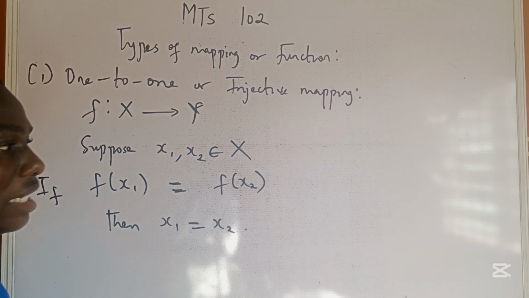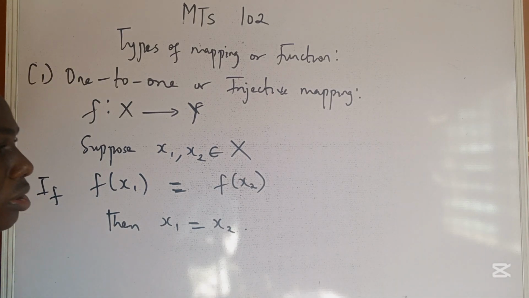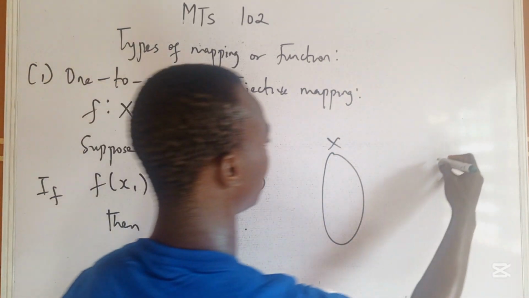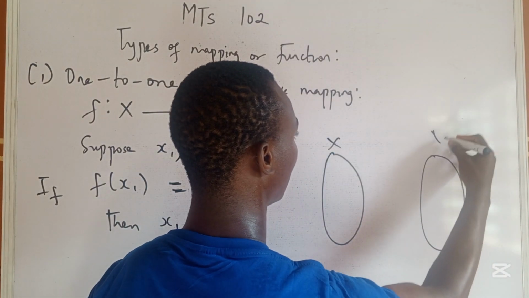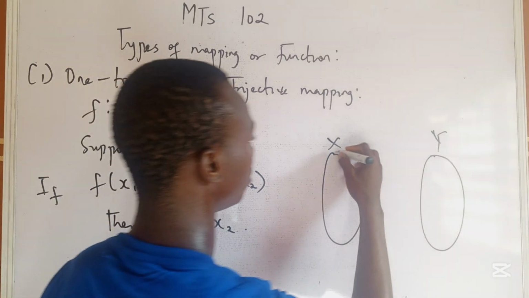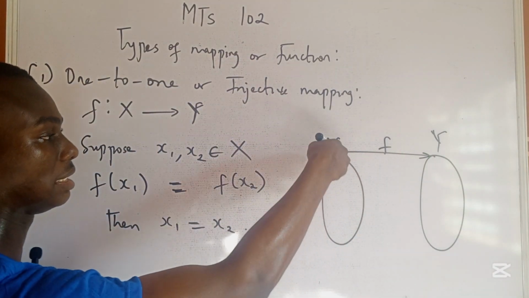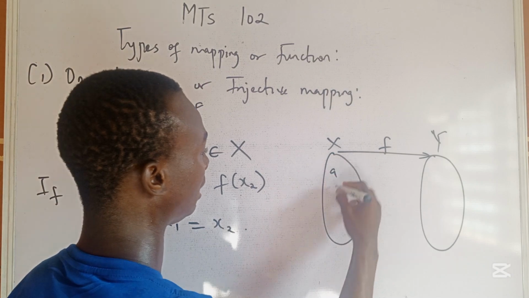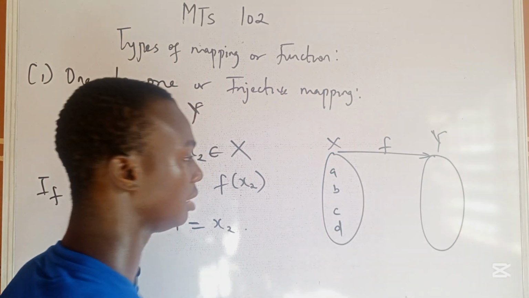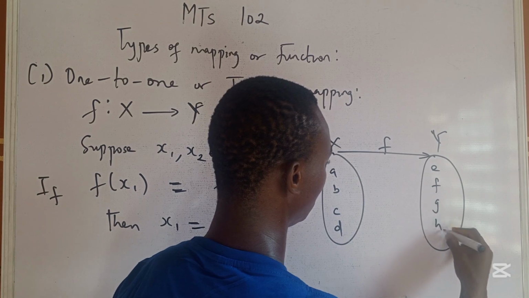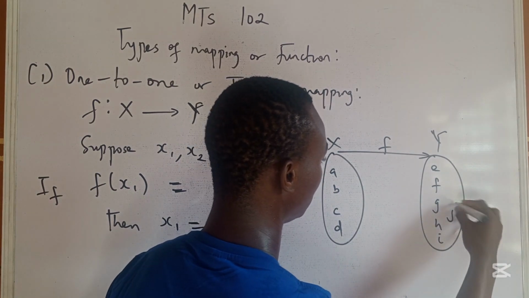Let us have a diagram to represent that. We have x, then we have y, so this is a function from x to y. Suppose we take the elements in the domain as a, b, c, d, and the codomain as e, f, g, h, i, j.